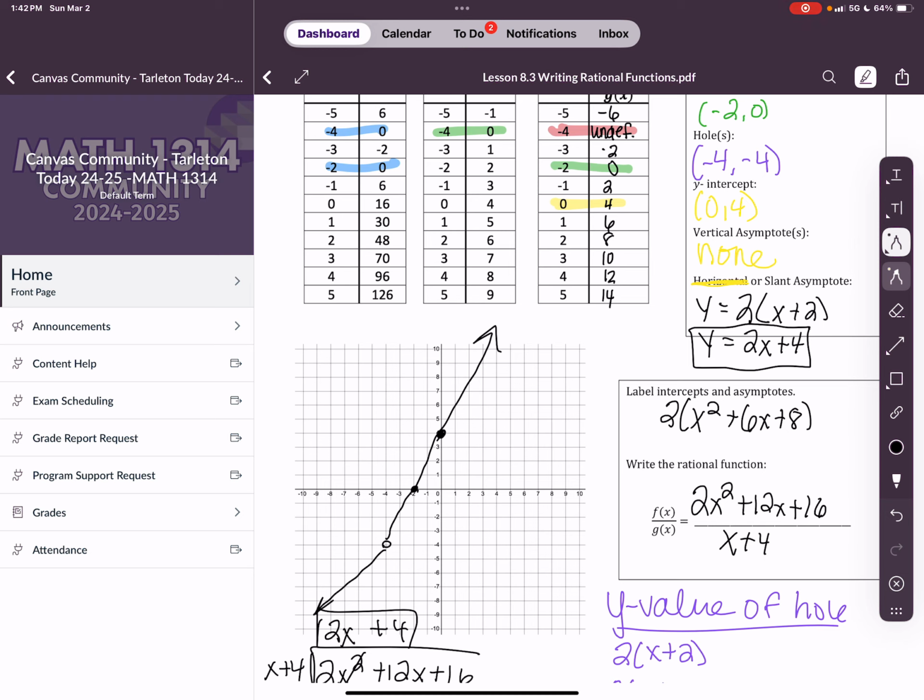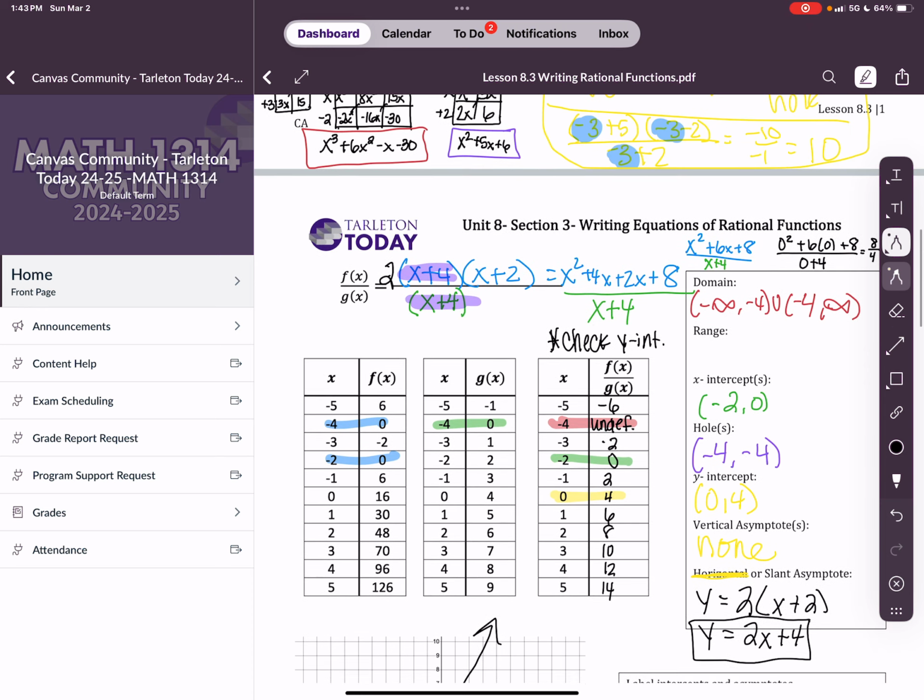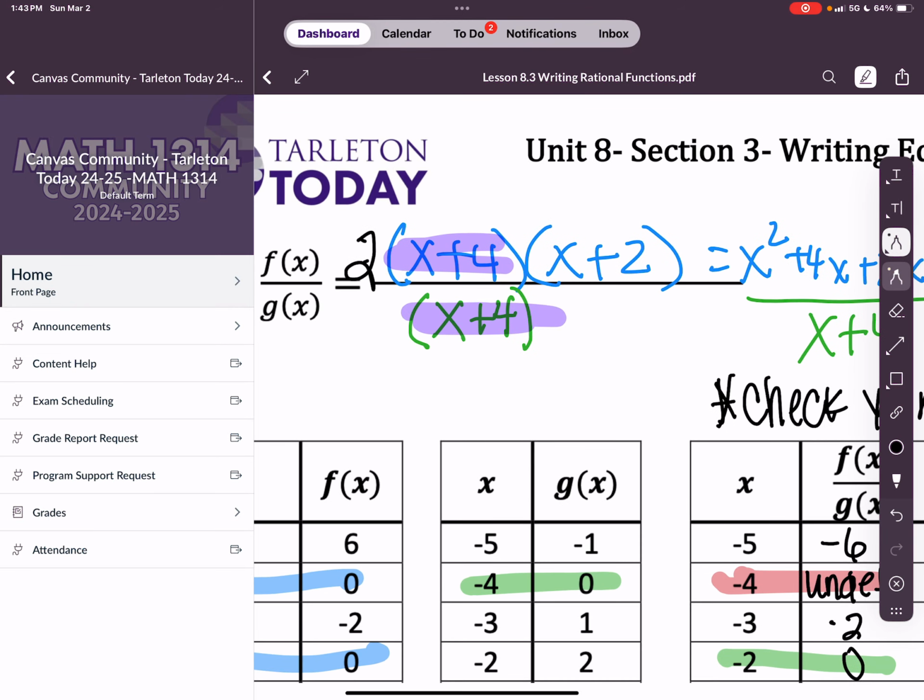The reason for that is because when you had that shared factor up here, so I'm going to move my screen up to show you, we have our shared factors here, and I'm left with essentially nothing else on the bottom.